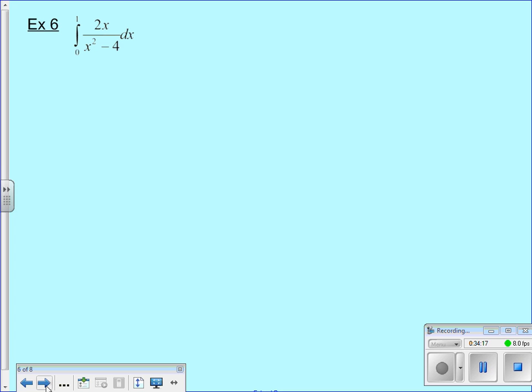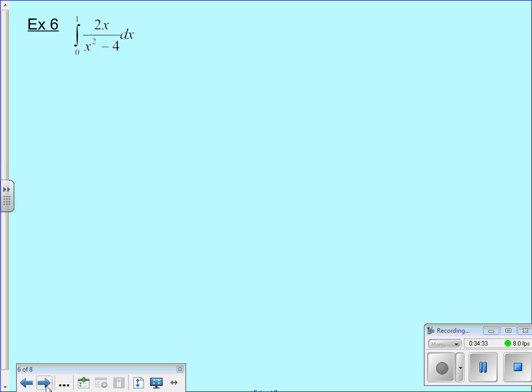The other way, and what I'm going to show you on this one, is you can change your bounds. Changing bounds isn't that big a deal. So I will show you changing your bounds on this one.